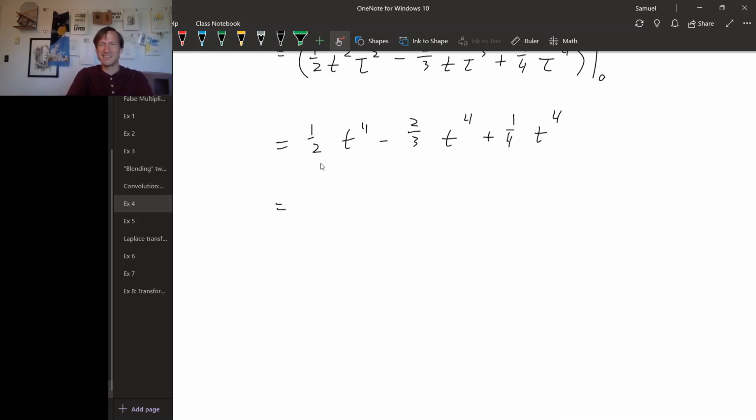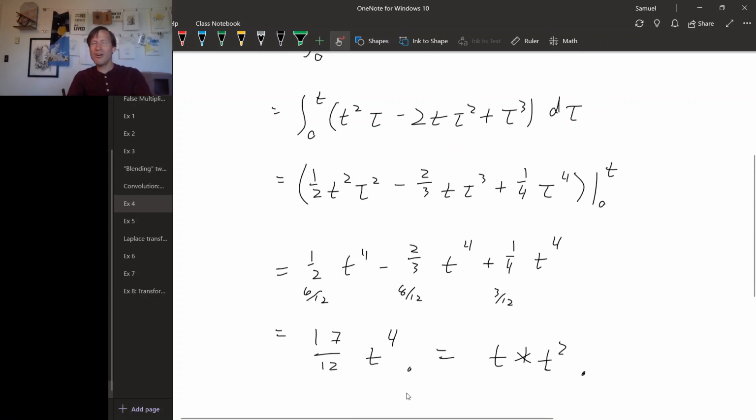We're going to need to have things in twelfths. So this is 6/12 and 8/12 and 3/12, so 1/12 t to the 4th. So that's the convolution of t and t squared.